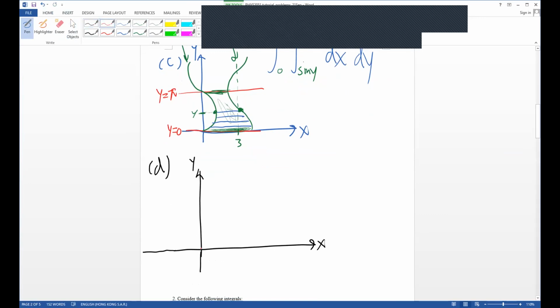So one curve I have is a parabola that opens upward. And the other one is an inverted parabola, but shifted up by 10 units.